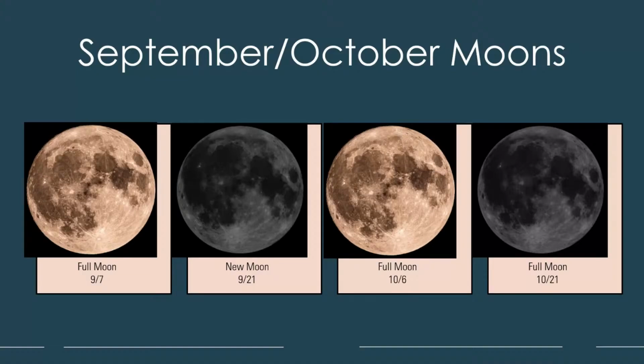So we can also find out where we are based on those 4 things that are on the screen right there. We're going to take a look at which of these 4 moons are in the 7th month.